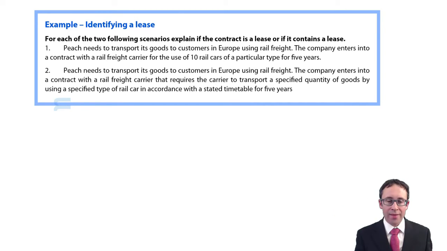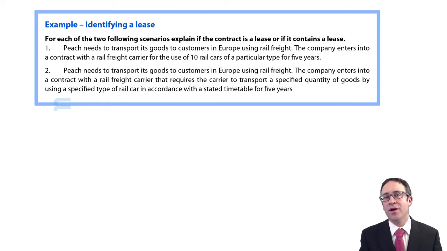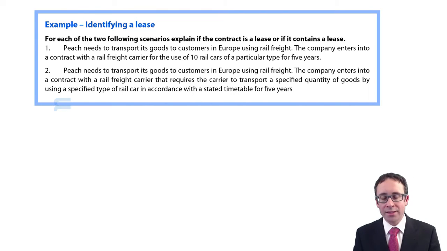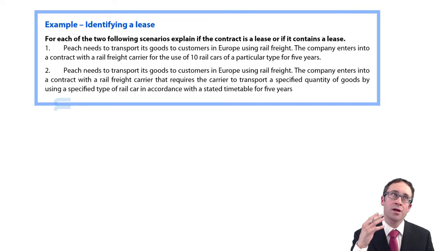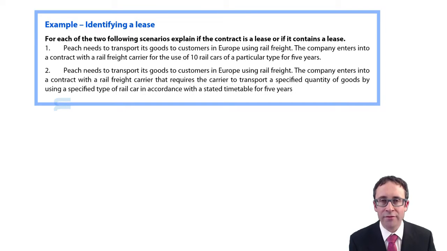Okay, the example is all about identifying a lease, so there will either be a lease or there won't be a lease. Remember, there will be a lease if we control the asset. So if we have the direct use of it, and if we have substantially all the economic benefits, and then we need to think about the substitution rights.